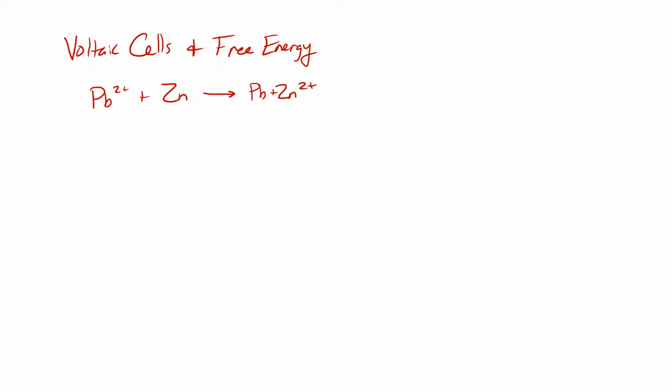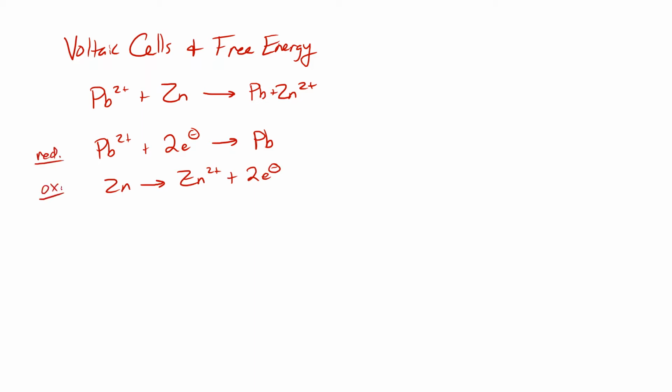When we think of this, of course, we're always going to think of this in terms of half reactions. And so we're going to have two half reactions in here. We're going to have lead 2+ plus 2 electrons gives me lead 0. And we're going to have zinc goes to zinc 2+ plus 2 electrons. And we have our reduction here, and we have our oxidation here.